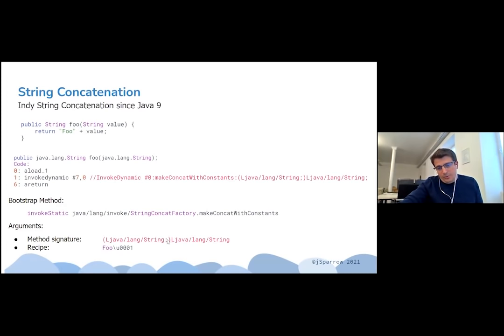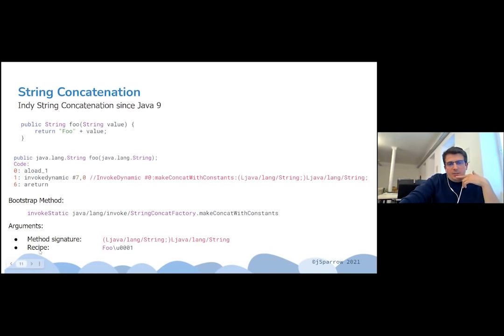Here we see only one parameter for the actual string variable, but there is no parameter for the string literal, because the bootstrap method is able to capture the constants and string literals, and we don't have to pass them as parameters. And the return value would be a simple string.